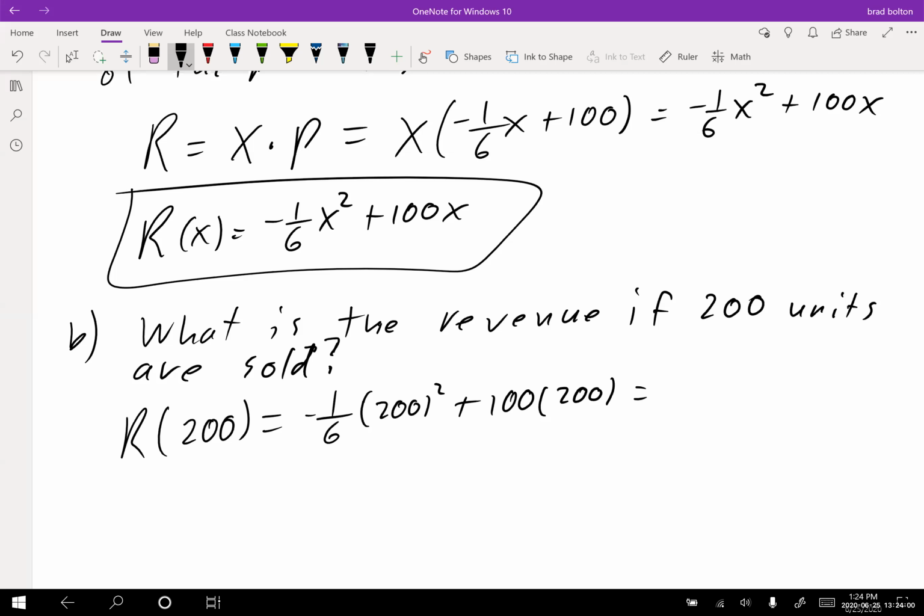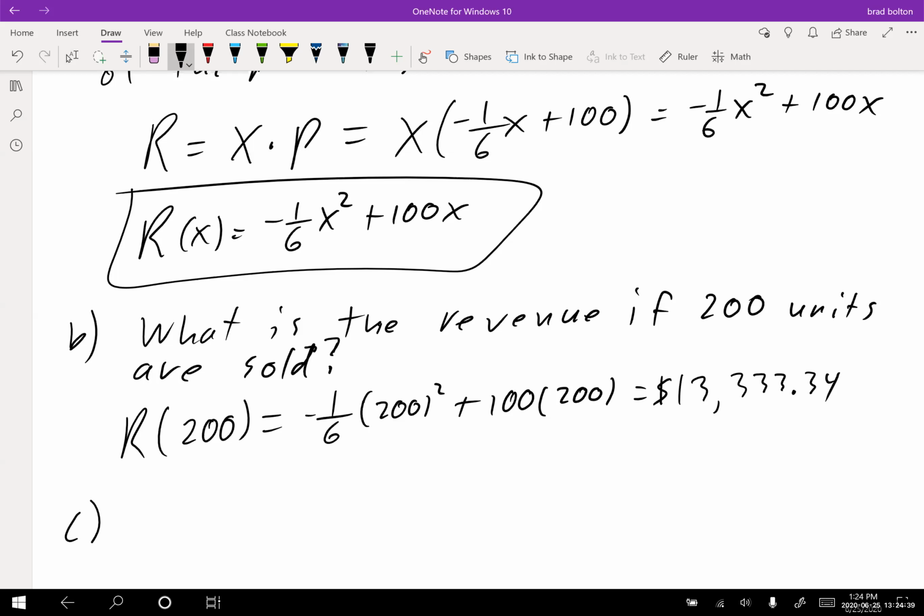So 200 squared divided by negative 6, or multiplied by negative 1/6. Okay, now I'm going to add 200 times 100, and I get 13,333. And I'm going to round off to 34 cents. Okay, so we get $13,333.34. Okay, so that's how much revenue we would get if we sold 200.